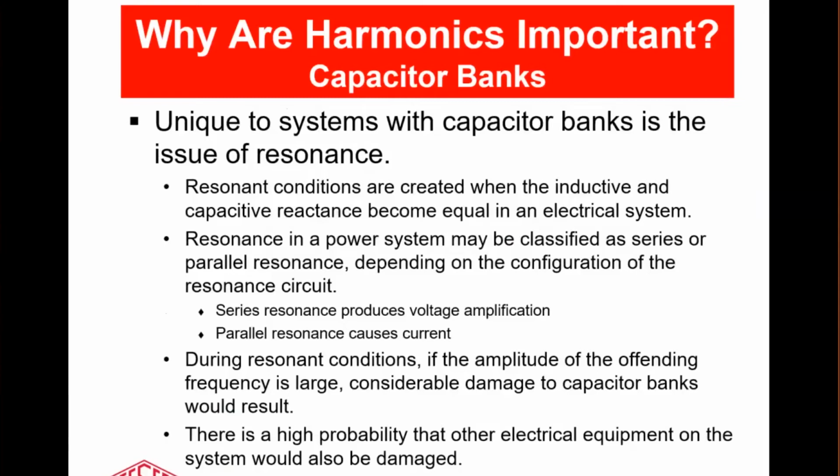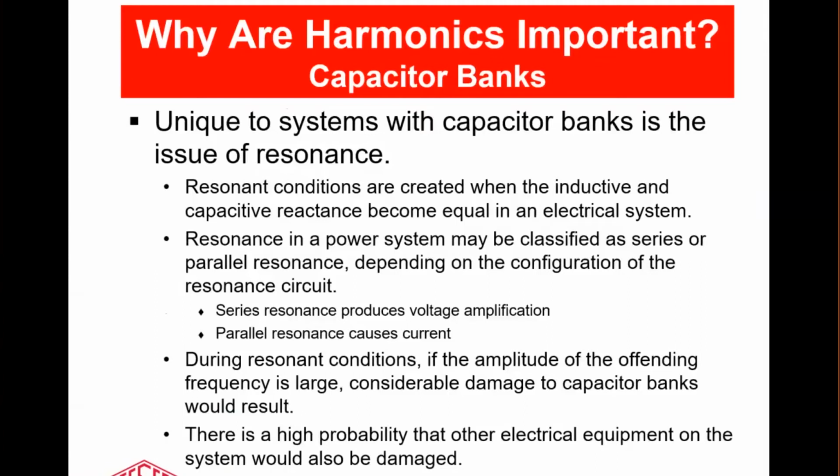And so there are two kinds of resonance that can happen. One is series resonance, and in that case, the voltage can become much larger than the voltage of the applied harmonic, and particularly at higher frequencies, this can do considerable damage, not only to the capacitor bank, but to the equipment connected to that feeder.